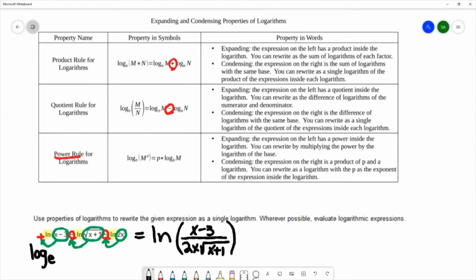So this expression condensed using the product and the quotient rule to become natural log of x minus 3 over 2x square root of x plus 1.